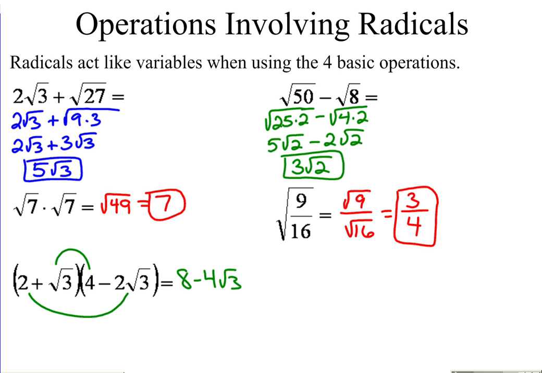Inner. 4 is outside a radical, 3 is underneath. So 4 times root 3 is just that, plus 4 root 3. Last, taking root 3 times negative 2 root 3. The negative 2 is outside, the root 3's are underneath. So I have negative 2 root 9.